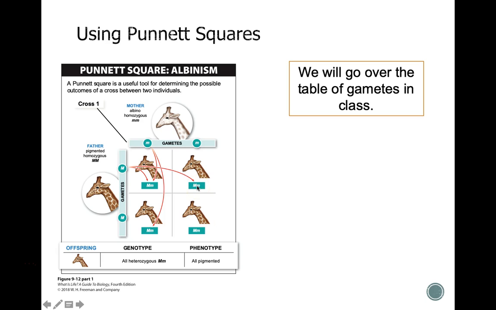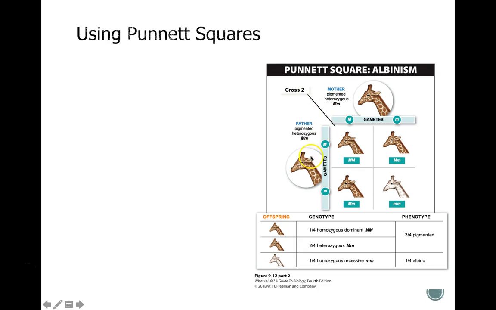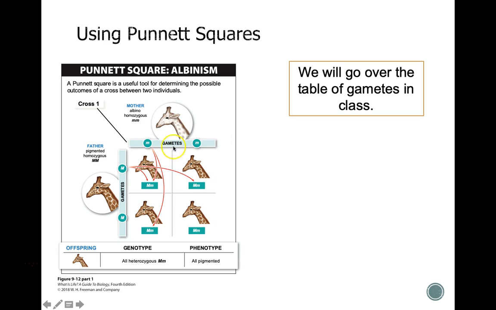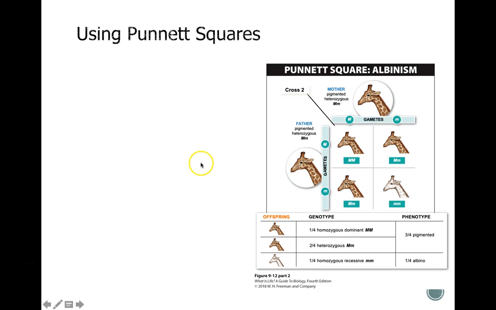Let's ignore the fact that these guys are brothers and sisters. And if we were to breed any two of these, a male and a female, we are now breeding our F1 generation and producing our F2 generation. So here we see that recessive allele come back where it was hidden in the F1 generation, and now it's back. So that's part of the reason that we can call this recessive.